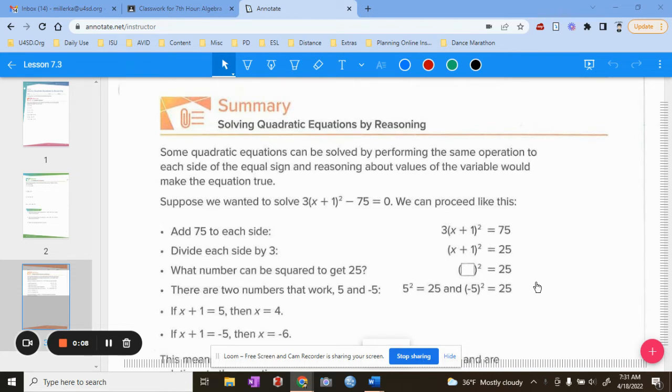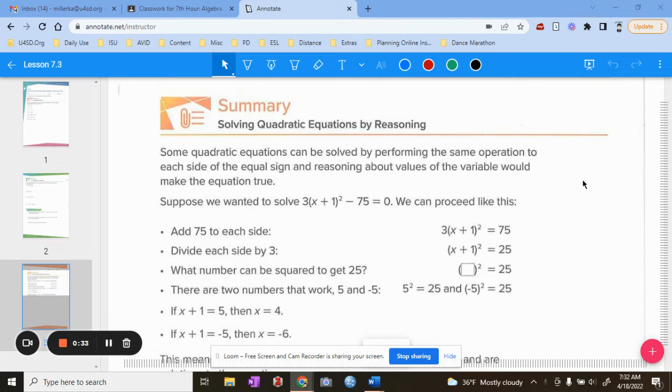We are going to look at lesson 7.3, and we're going to start by looking at the summary page, solving quadratic equations by reasoning. Just like we have been solving equations throughout the semester, remember our process is to isolate the variable through using inverse operations.